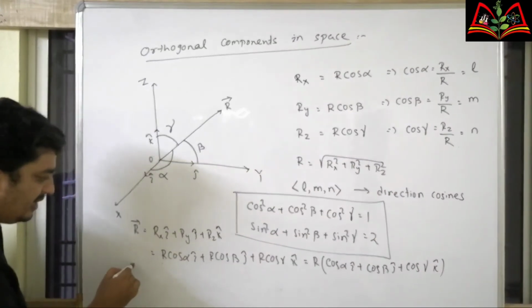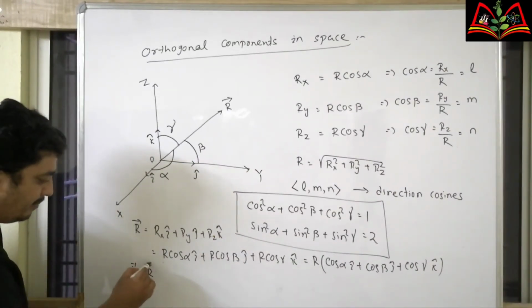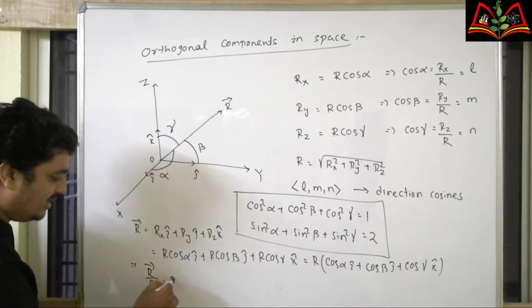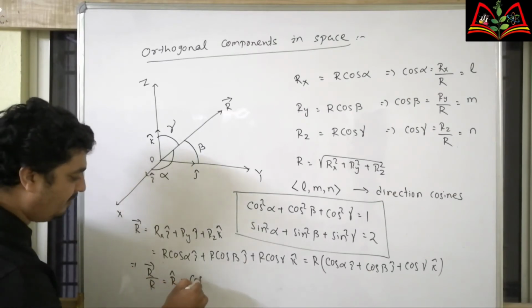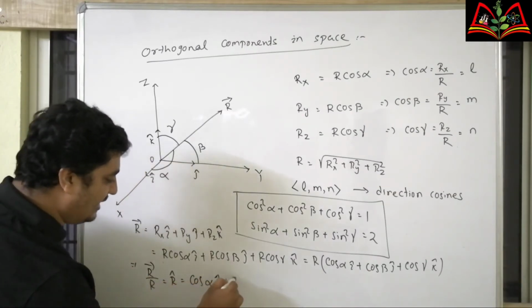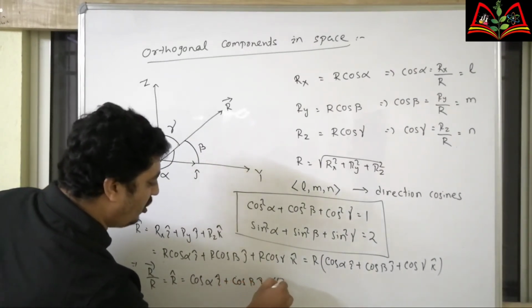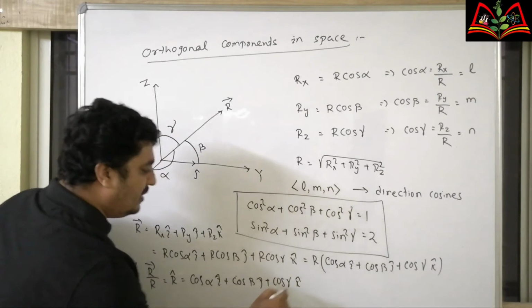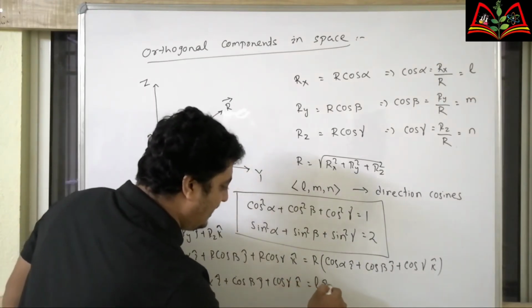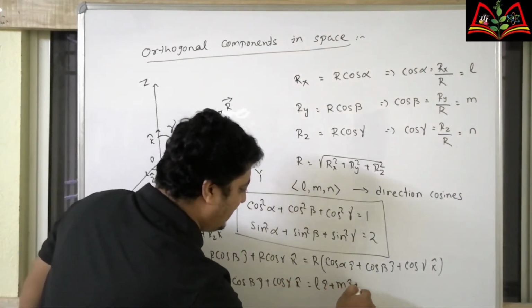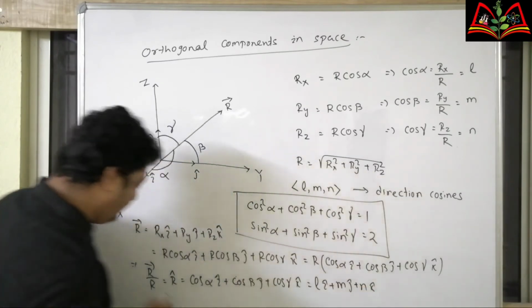That's why if we take R this side, vector R by R, that is equal to R cap, it will become cos alpha i cap plus cos beta j cap plus cos gamma k cap. That means it is equal to L i cap plus M j cap plus N k cap.